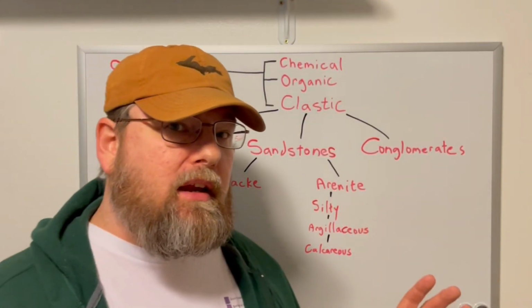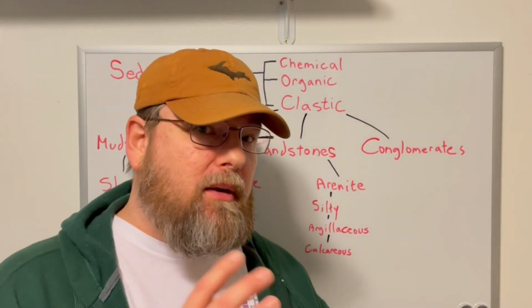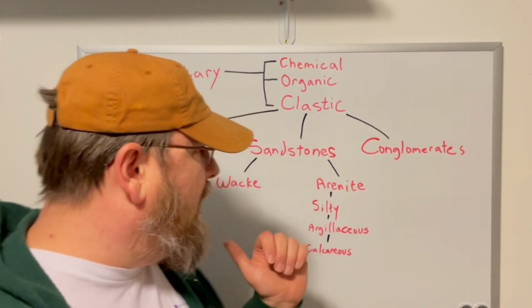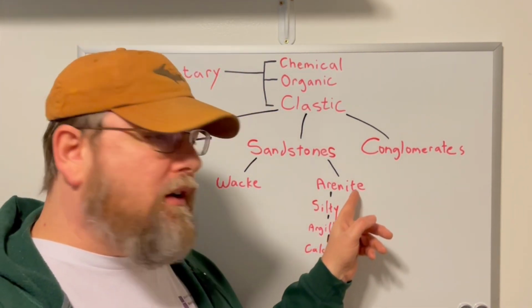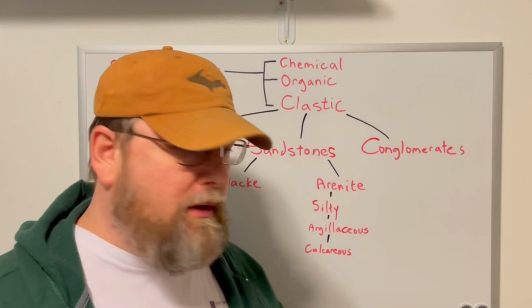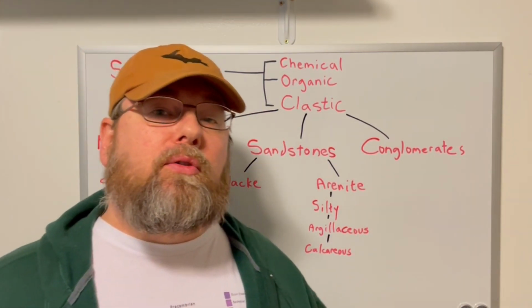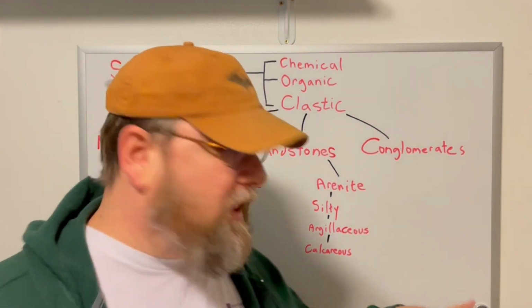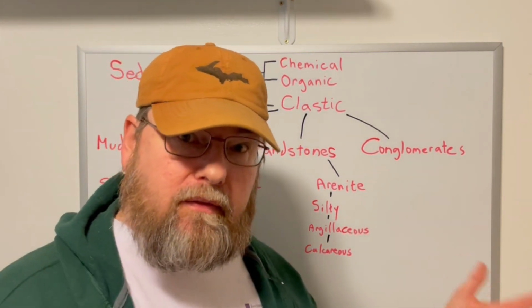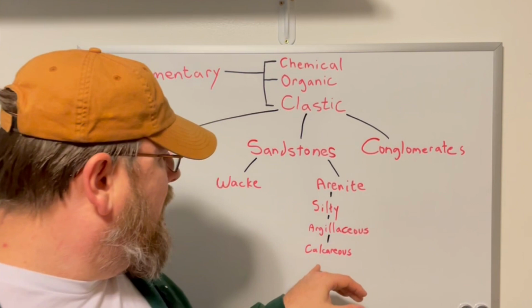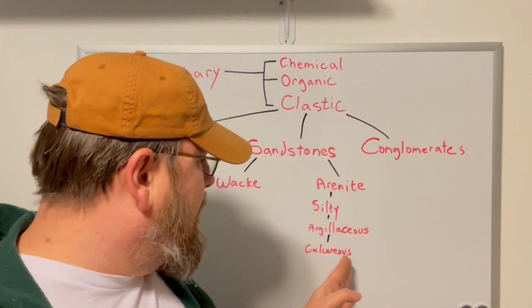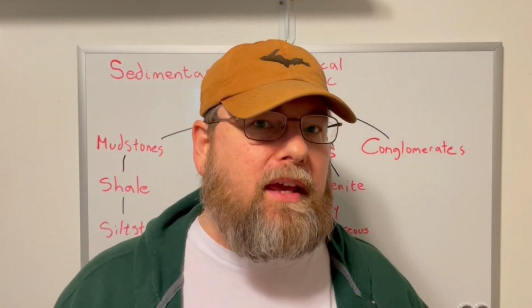So our Erenite, if it's more than 0, but around 15% fines, it can be a silty Erenite, if those fines are dominantly silt. It could be an argillaceous Erenite, if those particles are largely clay. Argillaceous means clay-size particles. And calcareous Erenite, what I mean by that is your fines are mostly calcareous.